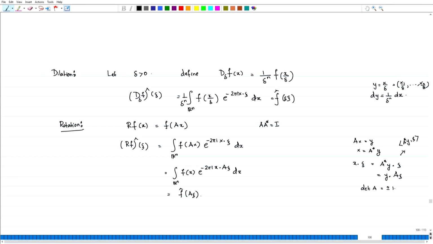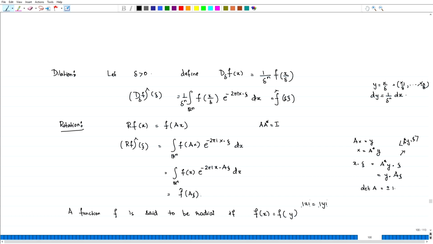So, this calculation is easy. Now we will define: a function f is said to be radial if f of x is equal to f of y whenever mod x equals mod y.